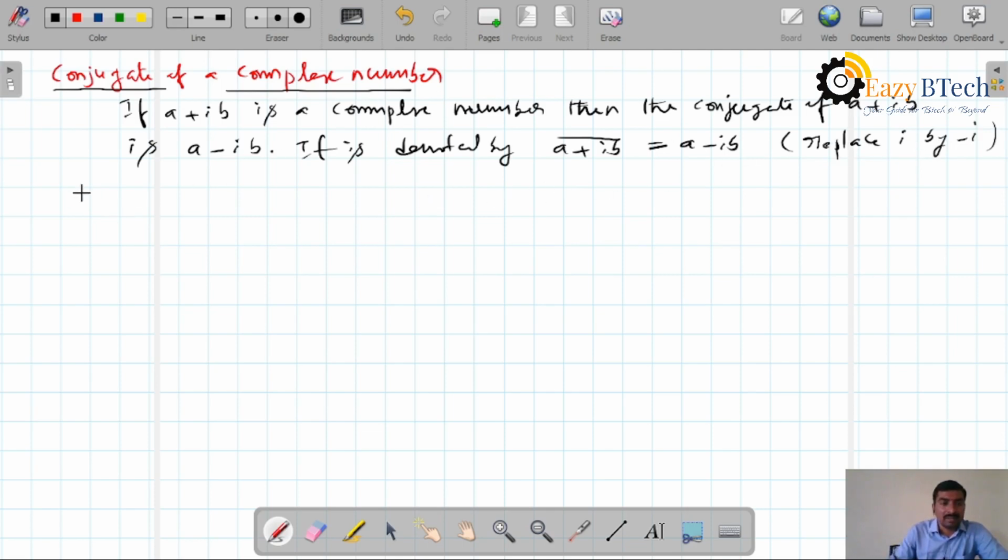Suppose, for example, a plus i0, that means simply a real number a.